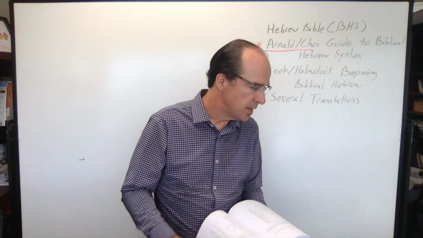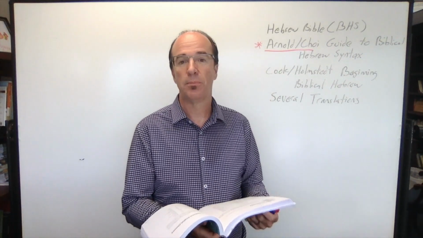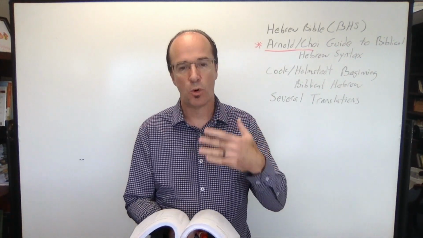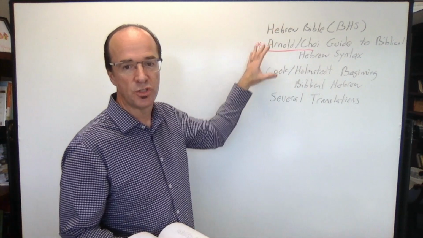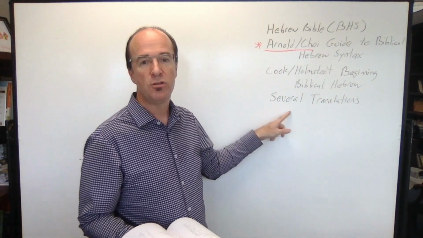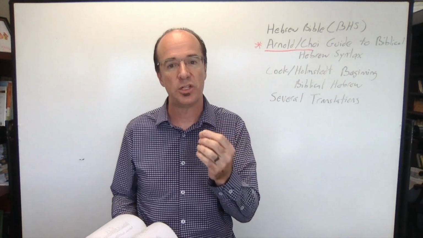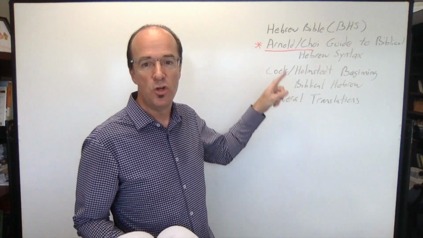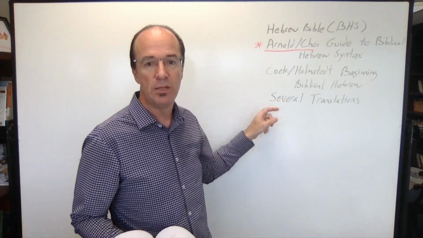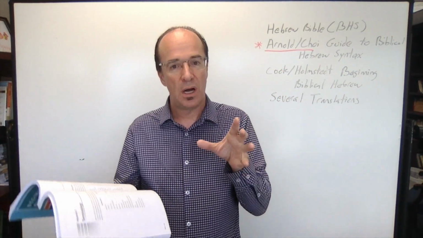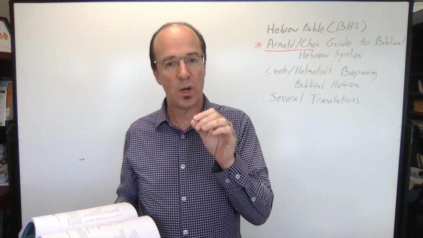In Arnold and Choi, it's going to be the imperfect plus vav consecutive. I'll say something more about that in a minute. So these are the resources that you're going to need. And again, why we're going to use several English translations, or if you're a Spanish speaker, feel free to use a Spanish translation along with some English translations, is you want to be able to see different nuances. So how the Hebrew can be put into different types of translations.